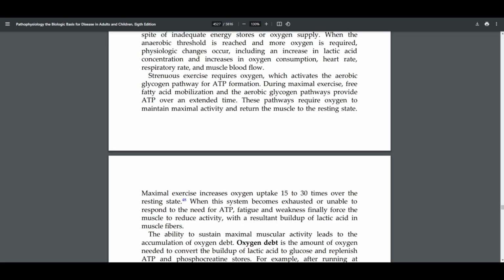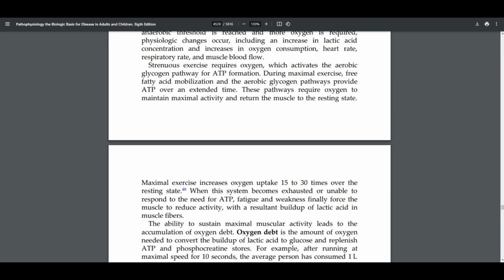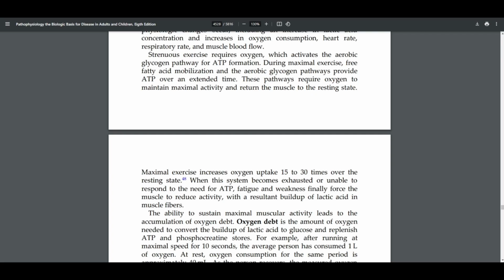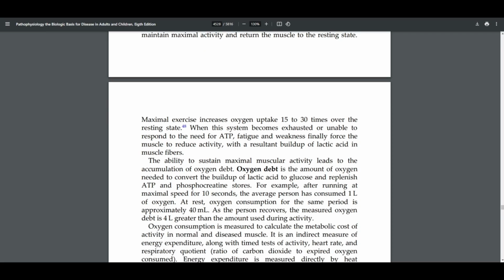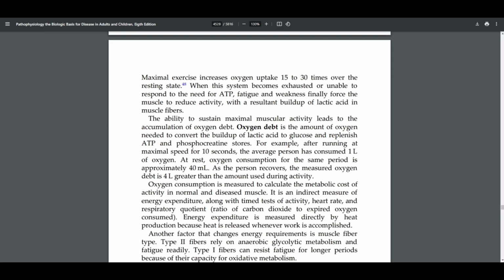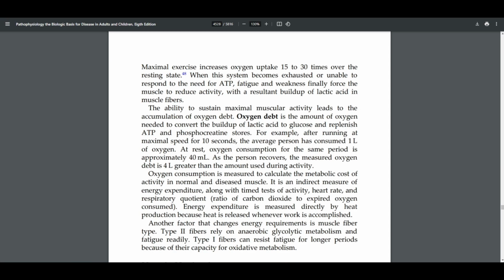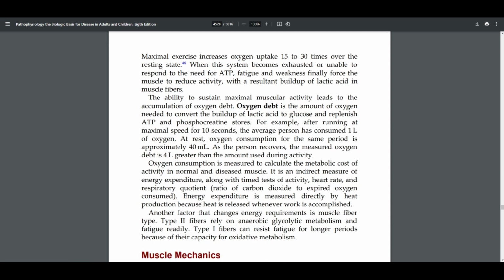During maximal exercise, free fatty acid mobilization and the aerobic glycogen pathways provide ATP over an extended time. These pathways require oxygen to maintain maximal activity and return the muscle to the resting state. Maximal exercise increases oxygen uptake 15 to 30 times over the resting state.